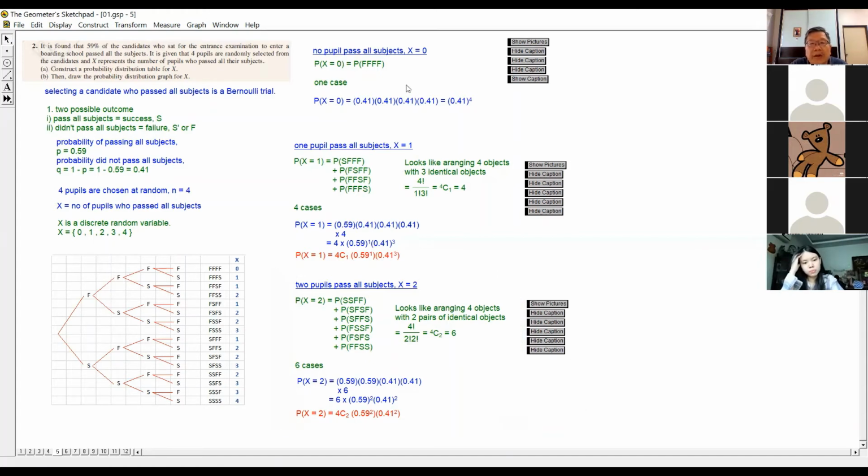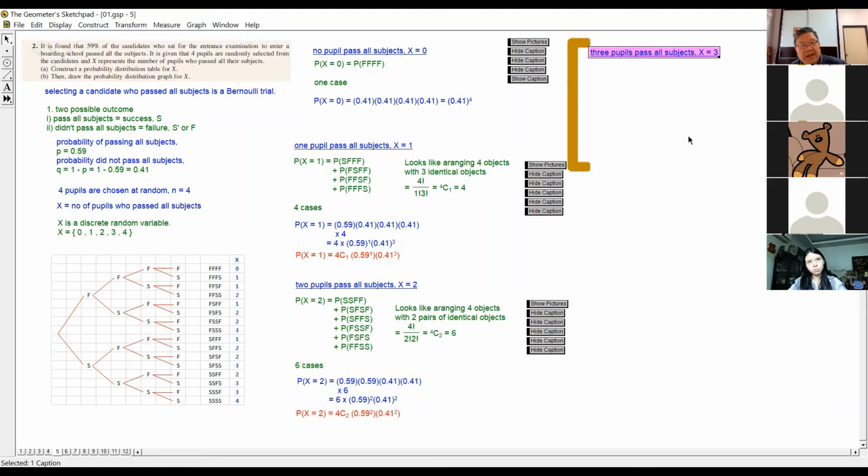Okay, now we go on to another case. The other case is this one: 3 pupils pass all the subjects. Before I go on, can you tell me how many outcomes are there with 3 pupils passing all the subjects? Success, success, success, then failure. Success, success, failure, success.